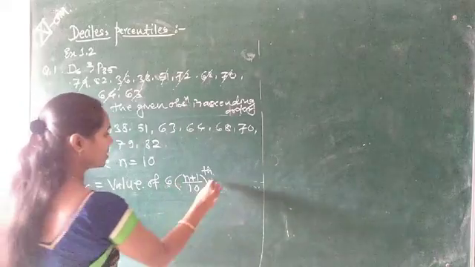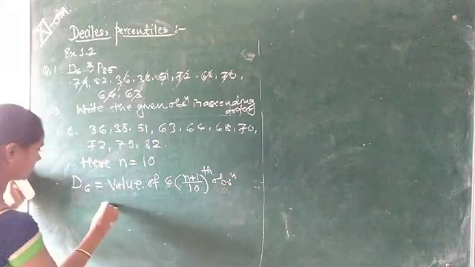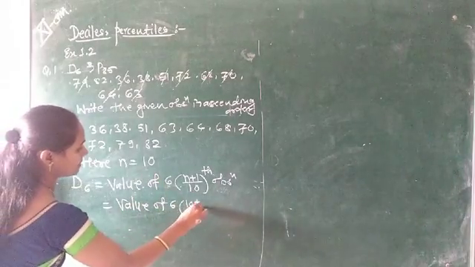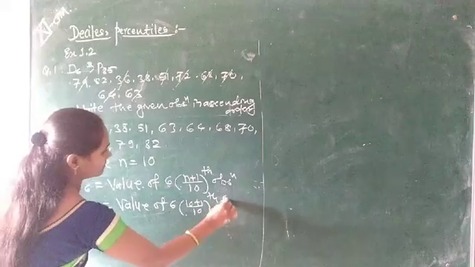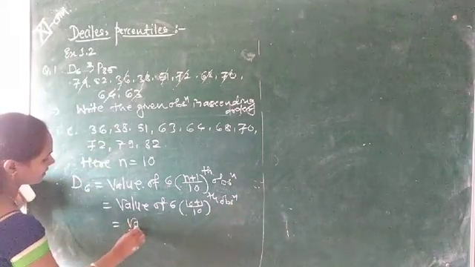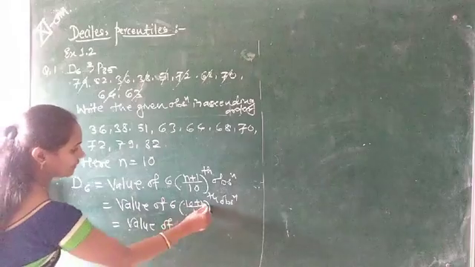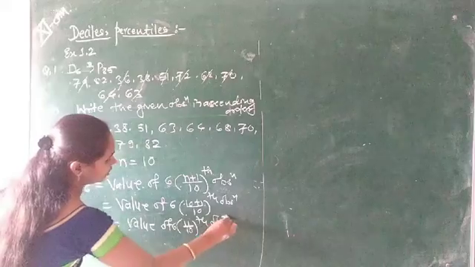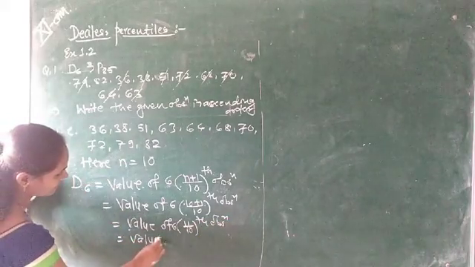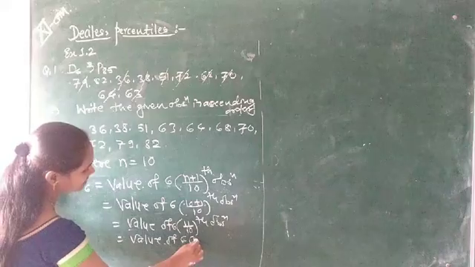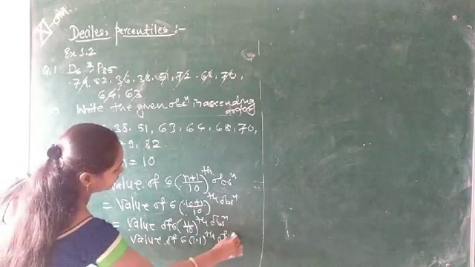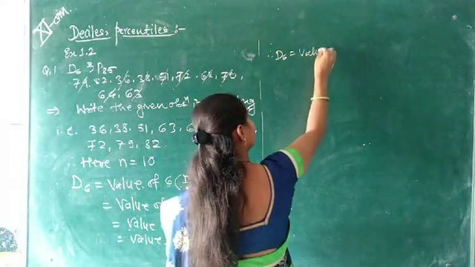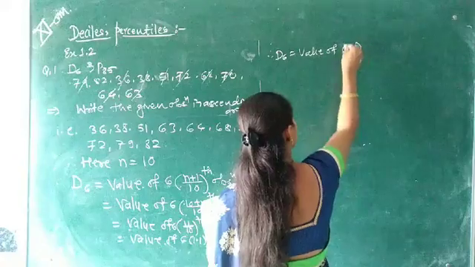With n equal to 10, 10 plus 1 is 11, so 6 into 11 upon 10, that means the 6.6th observation.